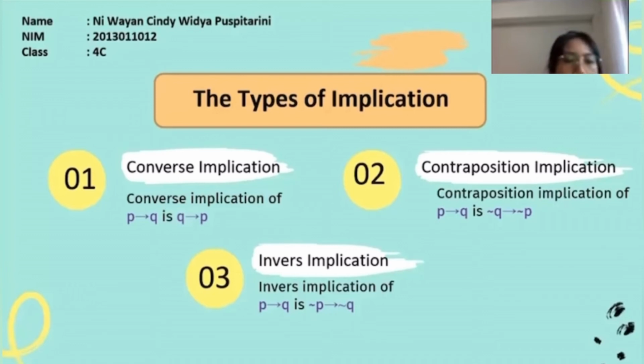Okay, the types of implication. First, converse implication. For example, if I have a conditional statement, P implies Q, the converse implication of P implies Q is Q implies P. Number 2, contraposition.